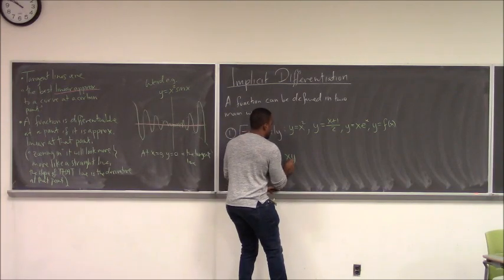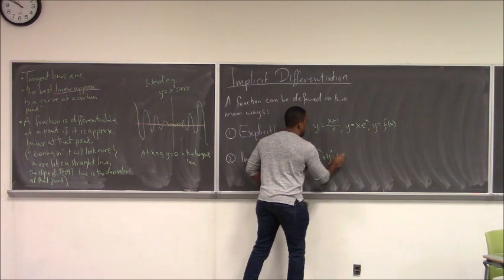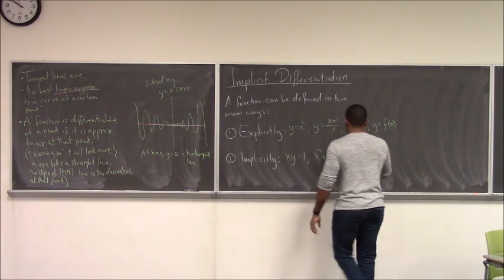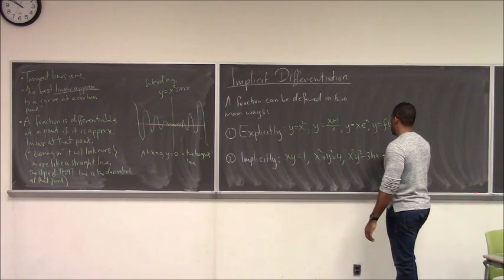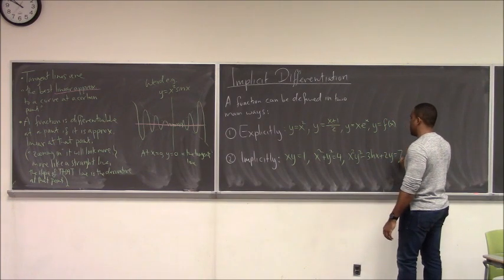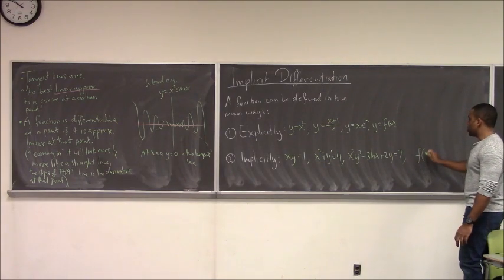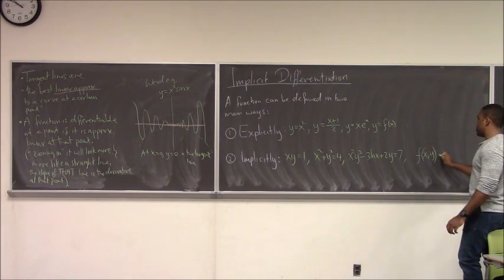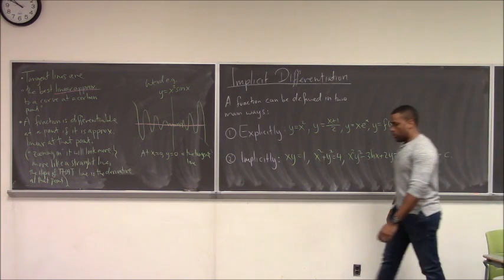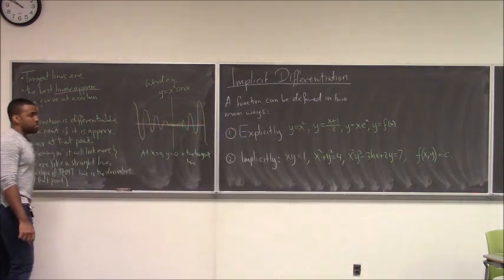Like xy equals 1, or x squared plus y squared equals 4, or x squared y squared minus 3 ln x plus 2y equals 7, right? Basically, you have some rule that has both variables jumbled together equals some constant. Whenever you see a function defined in such a way, it is called implicitly defined.